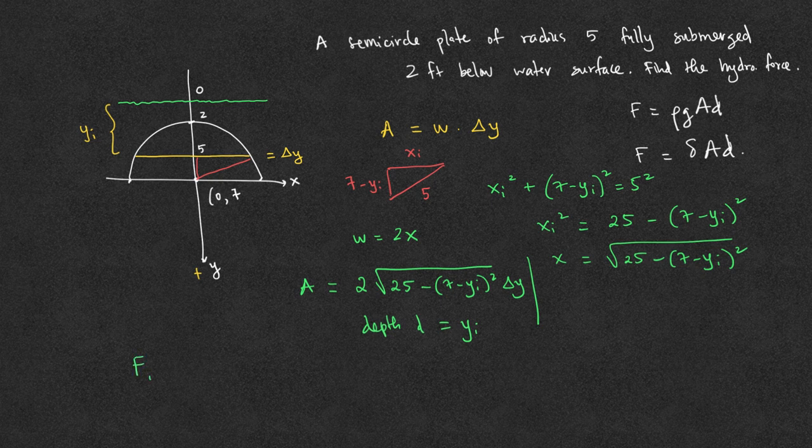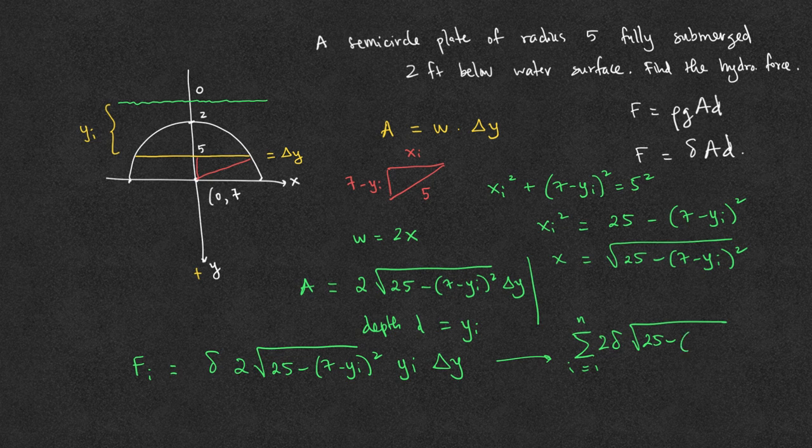The force at the slice is therefore density 62.5 times the area, 2 times the square root of 25 minus (7 minus y sub i) squared, and then the depth is y sub i, and the delta y is part of the area. The total force turns to the Riemann sum as i goes from 1 to n: density times 2 times the square root of 25 minus (7 minus y sub i) squared, times y sub i, times delta y.